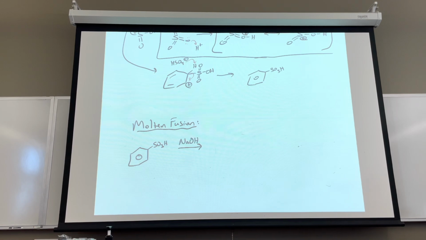So I'm not talking about a solution of sodium hydroxide, I'm talking about liquefying sodium hydroxide. So if you think about that, sodium hydroxide is a salt. It's like sodium chloride. So what we're going to have to do if we want to convert this solid salt into a liquid is we're going to have to heat it to a very, very high temperature. So somewhere between 350 and 400 degrees Celsius.